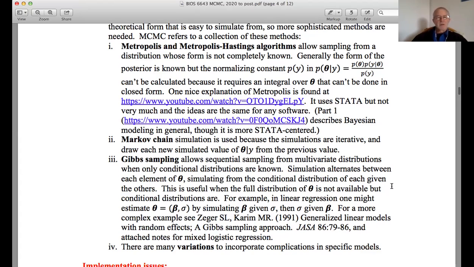All-purpose tool. They're about 10 minutes long, something like that, and I thought they were nice, clear example explanations of this. So if you do want to hear a little bit more, those would be a good place to go. So that's what the Metropolis-Hastings part does. It allows you to sample from a density you can't write down.